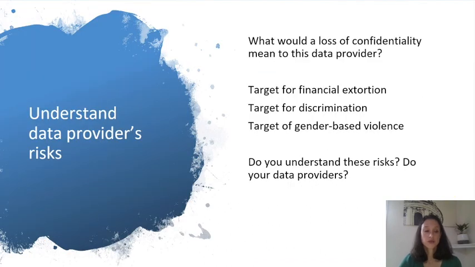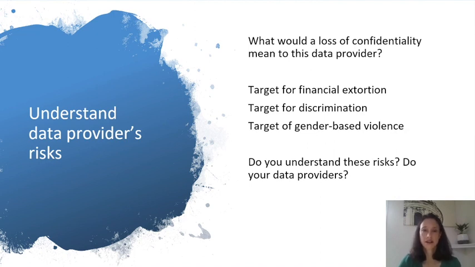In addition to thinking through what data is required for the study, PII, sensitive data, and what data is being produced in terms of linkage data and documentation, I'm flagging to carefully consider data providers' risks. What would a loss of confidentiality mean to a data provider, given the information that you're collecting in your survey and in your data file that you may eventually want to also share with others?